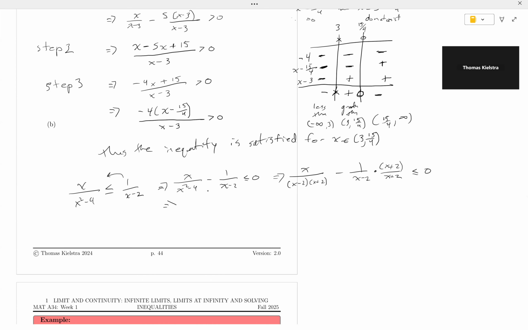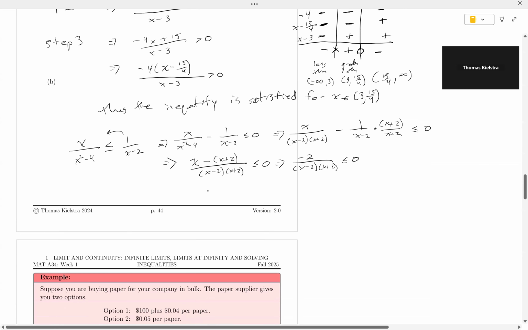Well, this implies that x minus x plus 2 over x minus 2, x plus 2 is less than or equal to 0, which implies that minus 2 over x minus 2, x plus 2 is less than or equal to 0. This is going all the way to step 3.